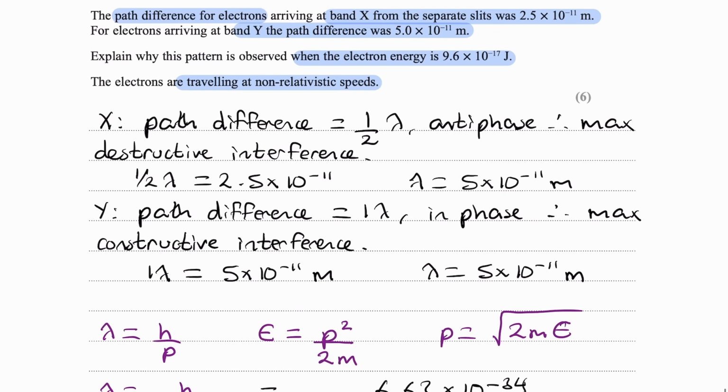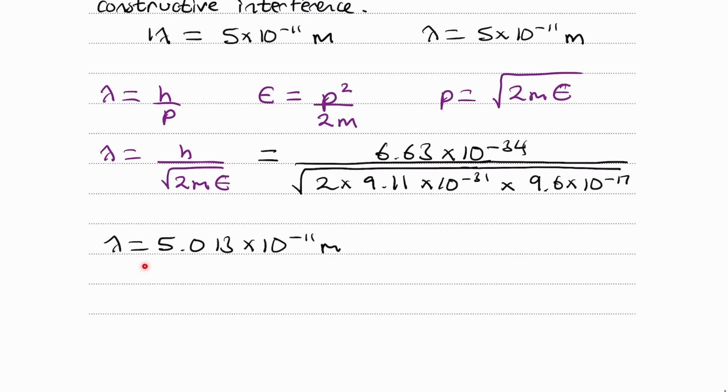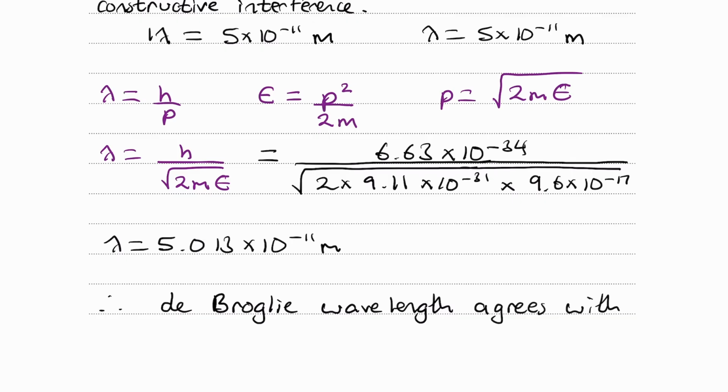And the kinetic energy of the electrons that we had gave us a de Broglie wavelength of 5.0 times 10 to the minus 11 meters, so they agree. So therefore the de Broglie wavelength agrees with the wavelength that we got from the path differences. So agrees with lambda calculated from path differences.